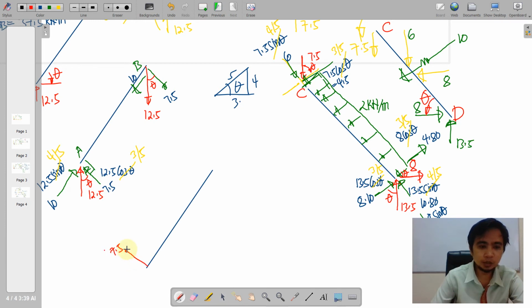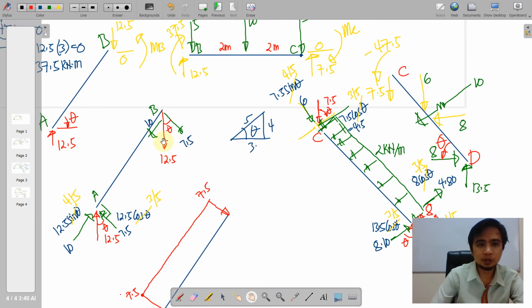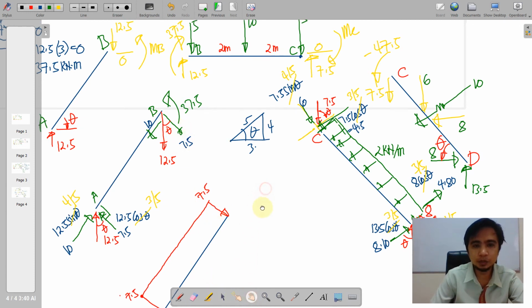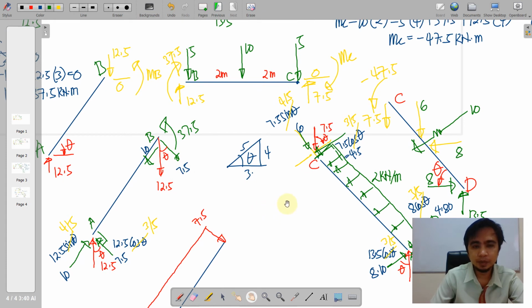So we will yield to 7.5 here, and then no loading, it will remain to be 7.5 until it will close to 0 here. Of course, we would want to reflect our moment or couple, internal couple, that is on B, and that is calculated to be 37.5.